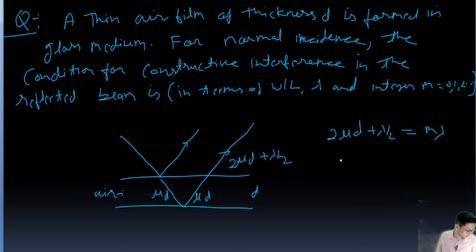So for constructive interference, from here you can get 2 mu d equals m lambda minus lambda by 2.